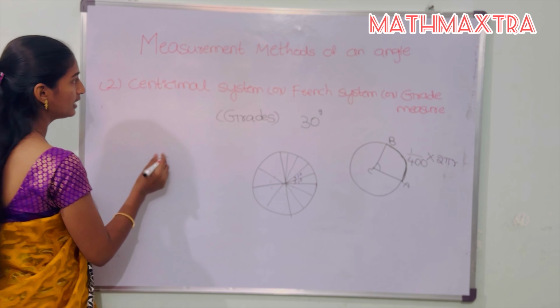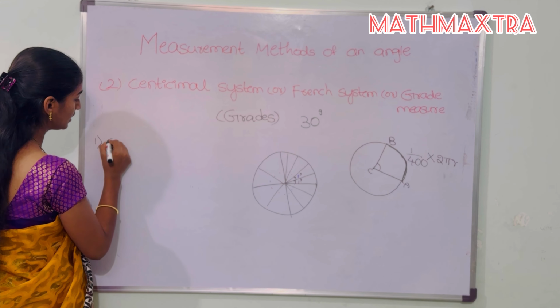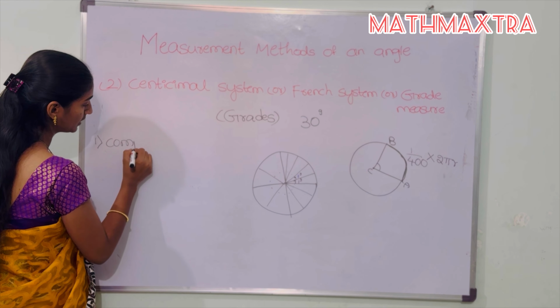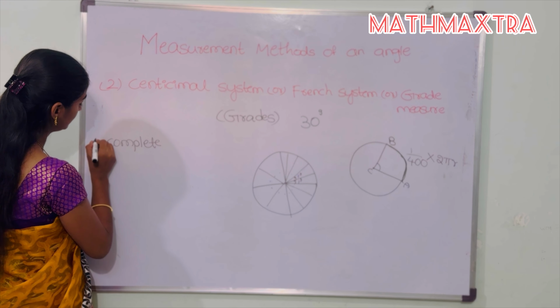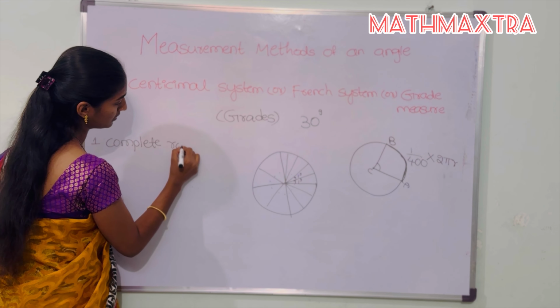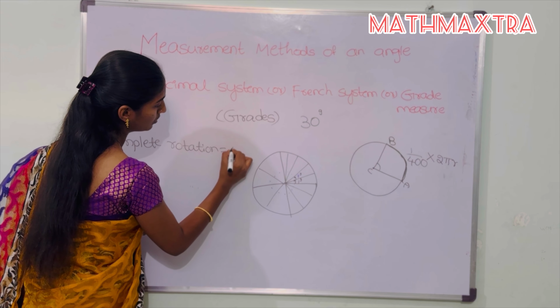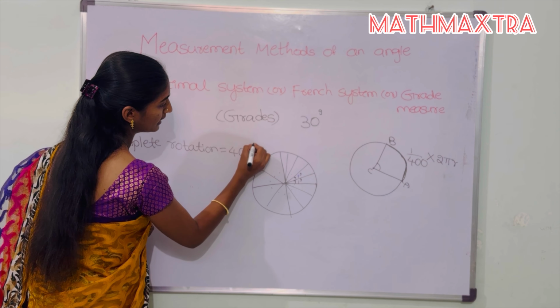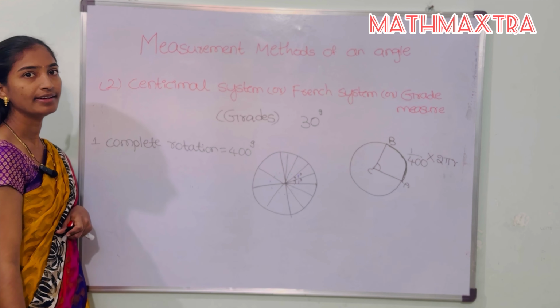Okay. So in the centesimal system, one complete rotation is equal to 400 grades.